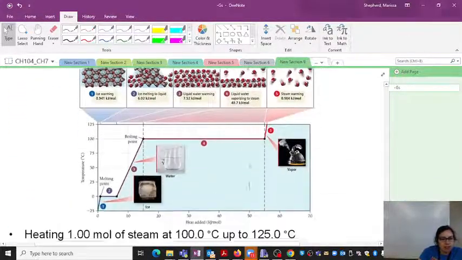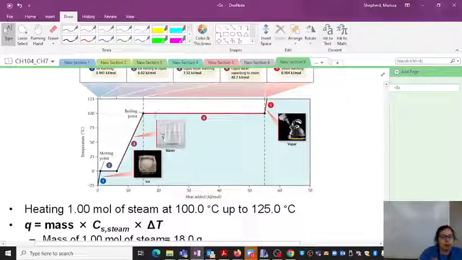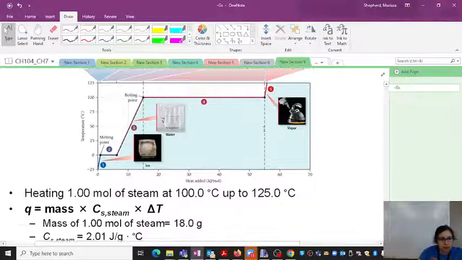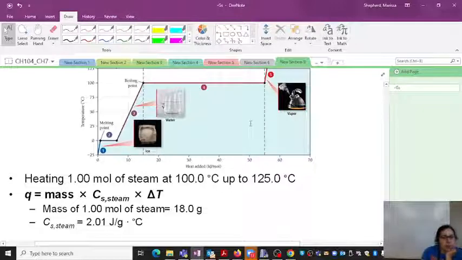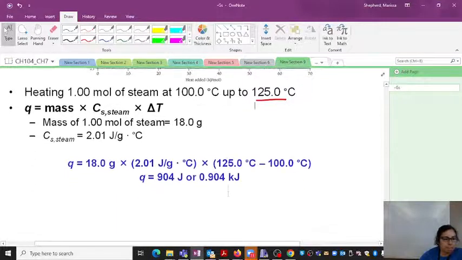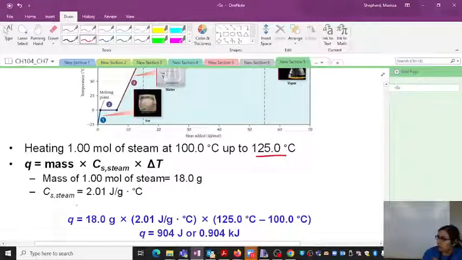And now, at our last leg, we've heated up our water, we vaporized it, so now we have a bunch of water vapor at 100 degrees Celsius. But we want to bring it to 125. So once again, same formula, Q equals mass times our specific heat, which now we have to find for steam, times our change in temperature. So our specific heat for steam is 2.01 joules per gram degrees Celsius.